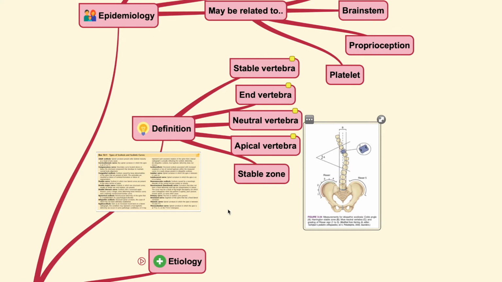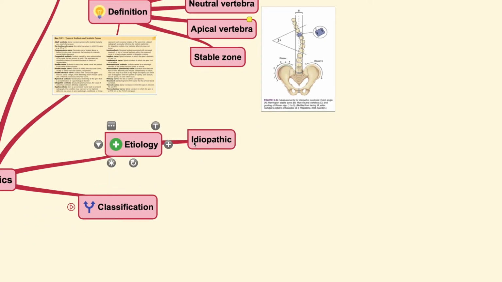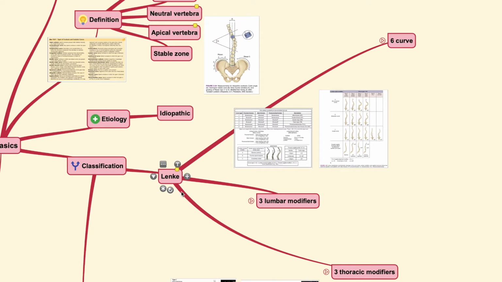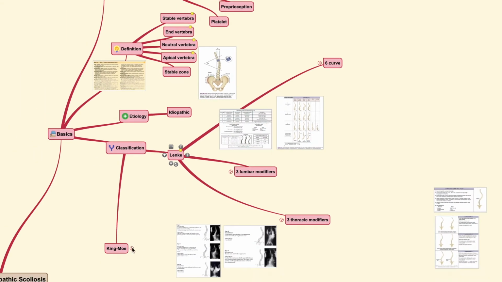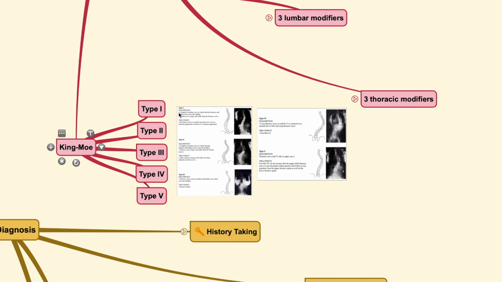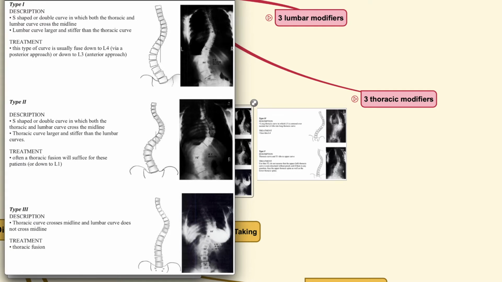Now, the next thing you need to know is what causes it, which is unknown. That's why it is called an idiopathic condition. The classification scheme can be divided into several classifications. The old ones include the King-Moe classification, which classified into 5 types based generally on how the curve looks.